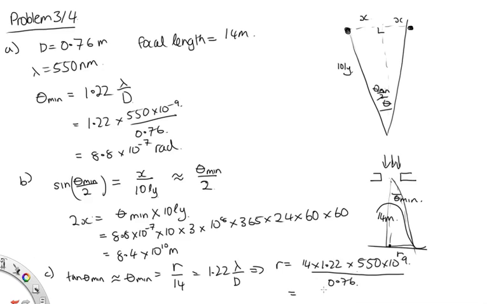Solving this, we end up with 1.236 times 10 to the minus 5, which tells us that the diameter, 2r, is equal to 2.5 times 10 to the minus 5 meters. So that gives us the diameter of the first dark ring.